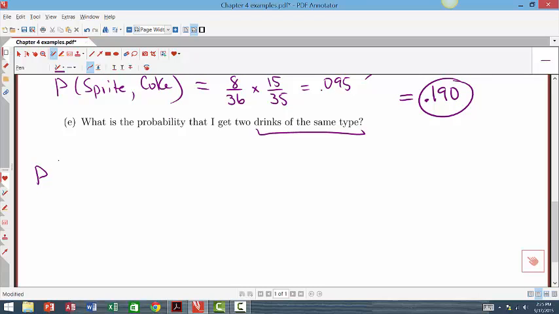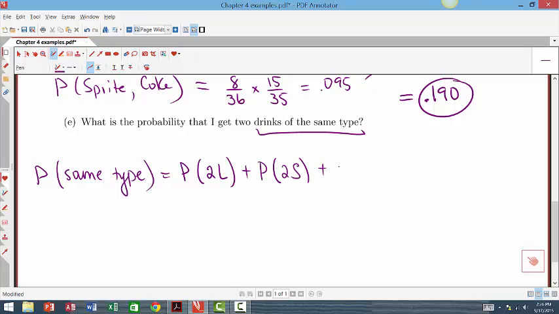So same type, right? So it's the probability of getting 2 lemonade, or 2 Sprite, or 2 Coke, or probability of getting 2 root beer. Okay, that's all of them.